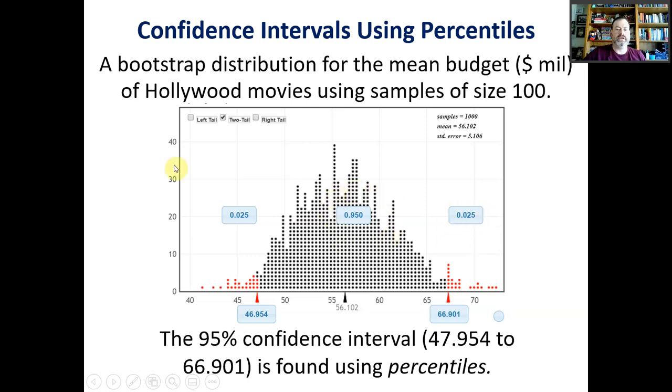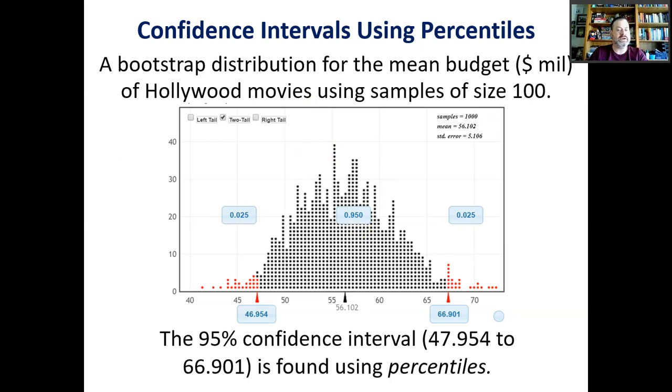And then over here, these are proportions of the number of dots contained in each tail. And the way this works is you generate a dot plot. Here I did 1,000 samples just to make the arithmetic easy. And if we're doing a 95% confidence interval, we would just select, using StatKey or by hand, you could technically count this by hand, we select the middle 95% of the dots.